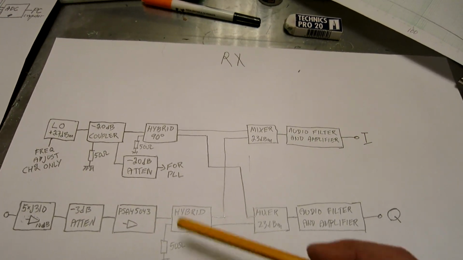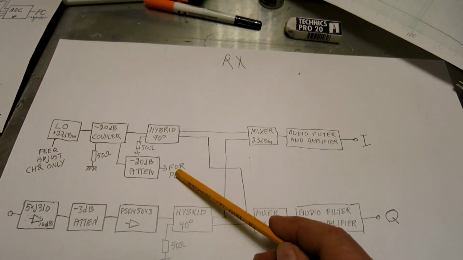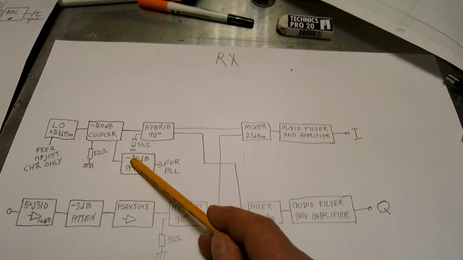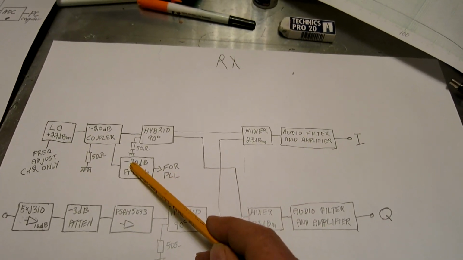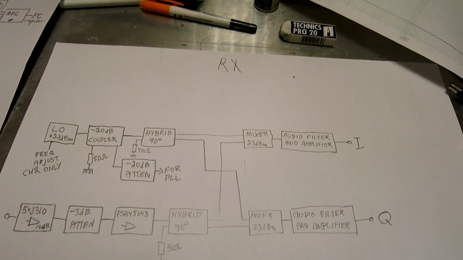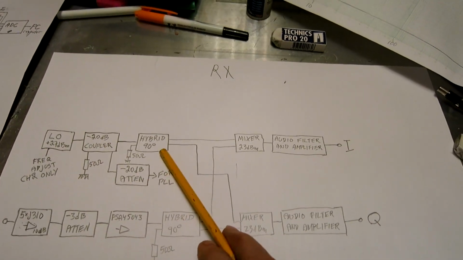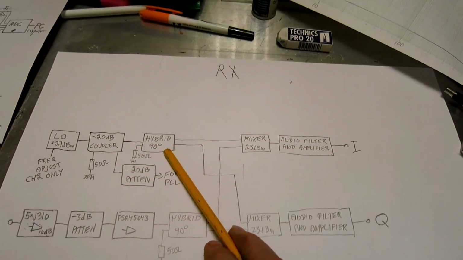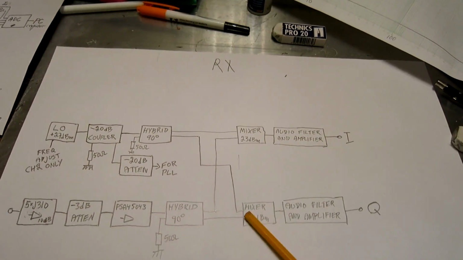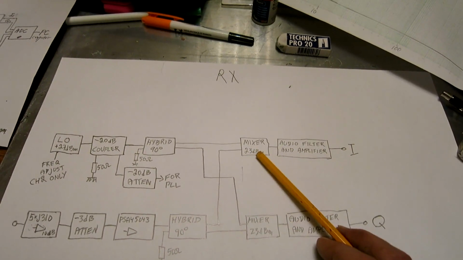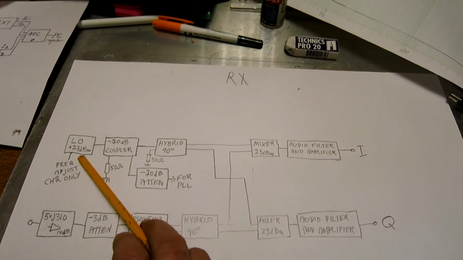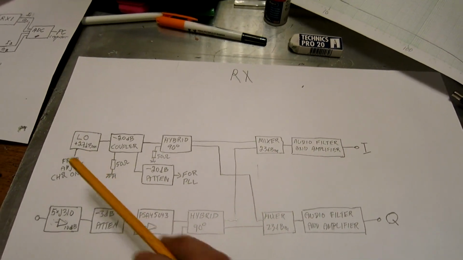So it's important that the PLL unit isolates well, and this is a further isolation between the two channels. Then the LO signal is split in a hybrid and run to two mixers. And the mixers want 23 dBm, and I have 27 to start with.